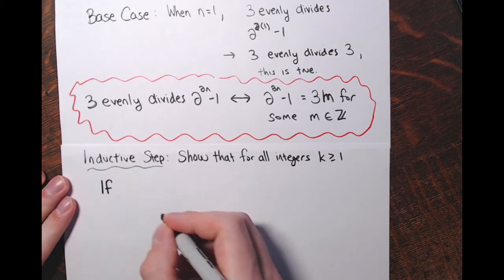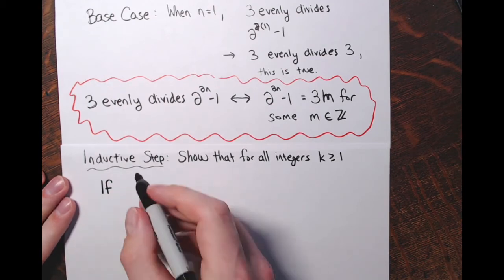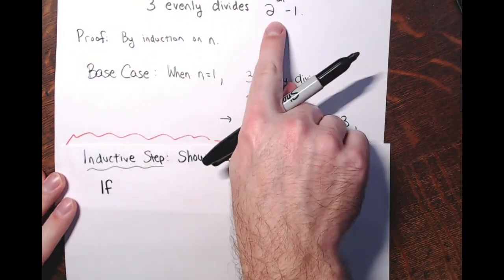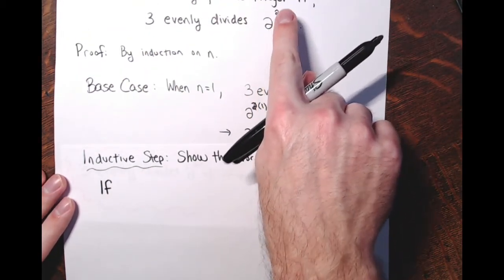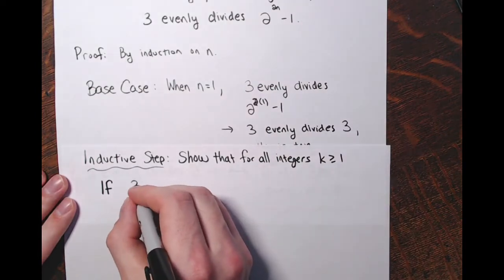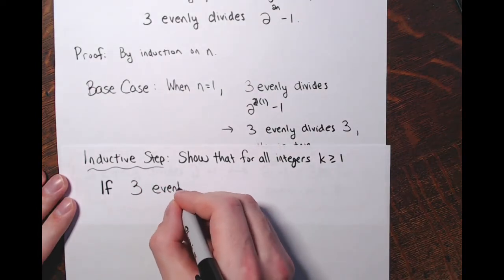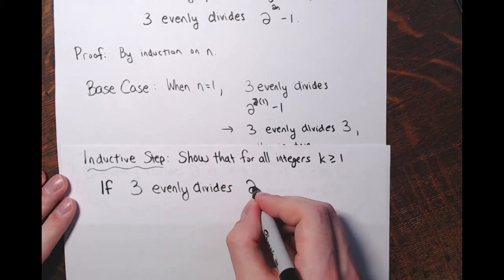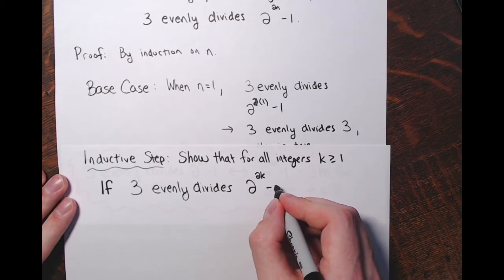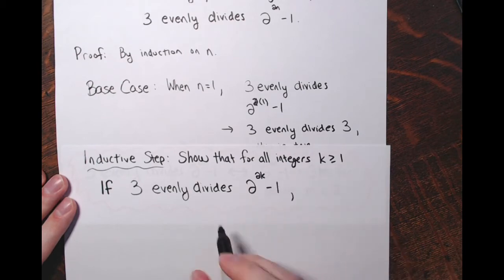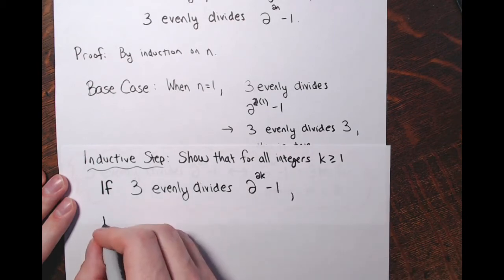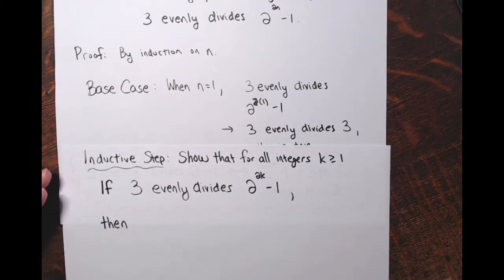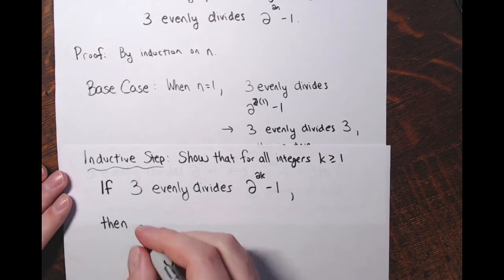if the statement is true, right? If this statement is true when n equals k, so if 3 evenly divides 2 to the 2k minus 1, we're going to show that if that is true, then the statement will be true when n equals k plus 1, right, for the next integer up.